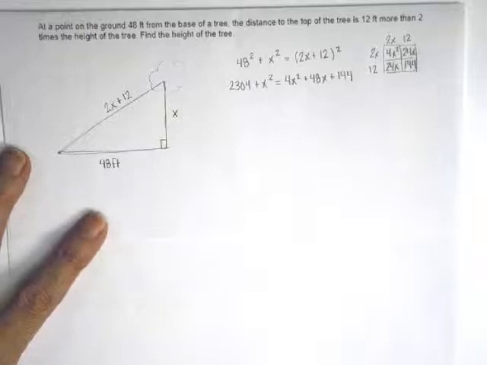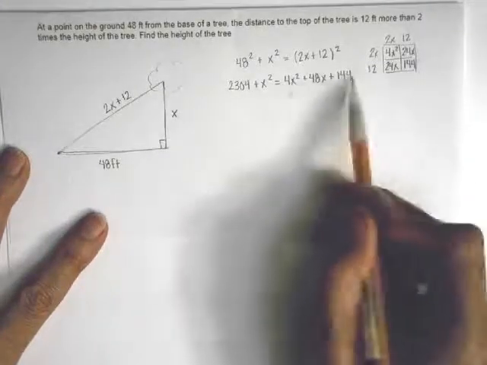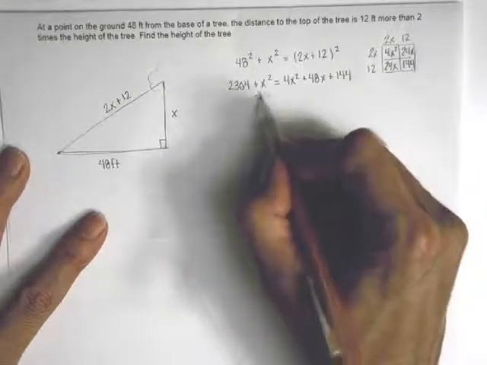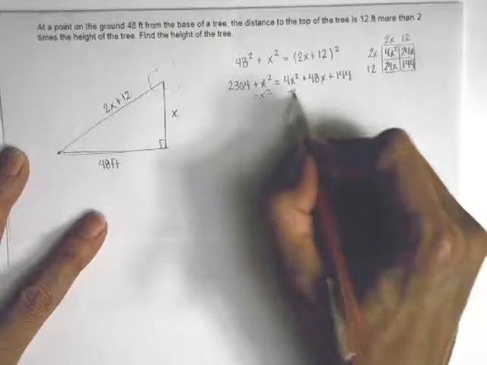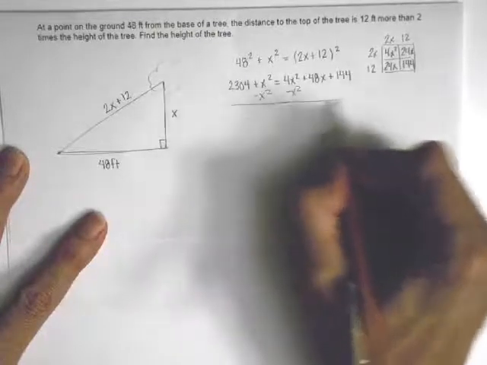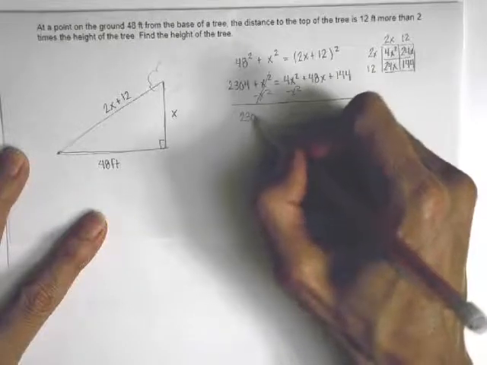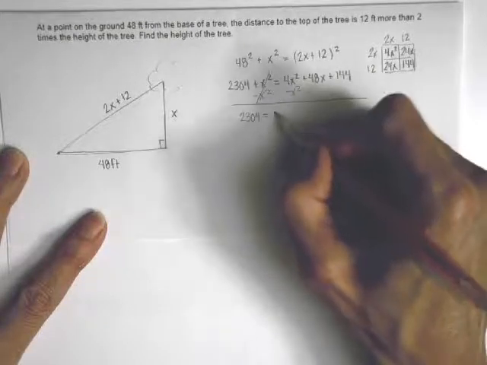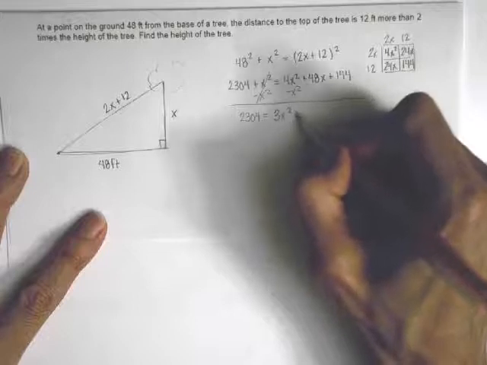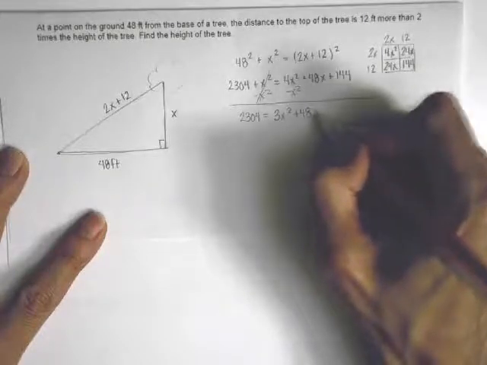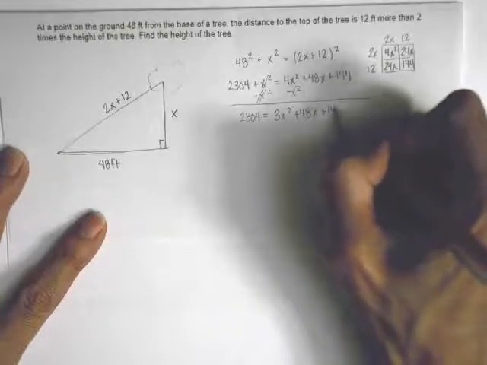Before we can use the quadratic formula, we need to make this equation equal to 0. So I'm going to subtract x squared from both sides. It gives me 2304 is equal to 3x squared plus 48x plus 144.